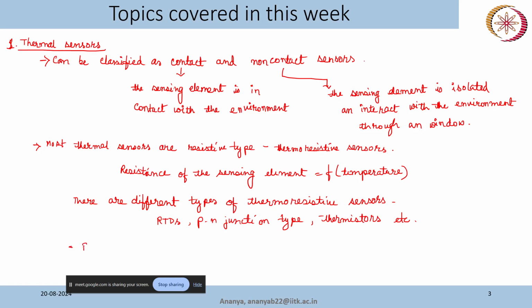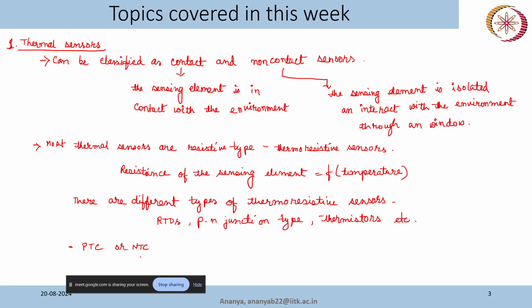Now these sensors can have positive or negative temperature coefficient. Whether the sensor has a positive temperature coefficient or negative temperature coefficient depends on the sensing element or the sensing material that is being used in the sensor.